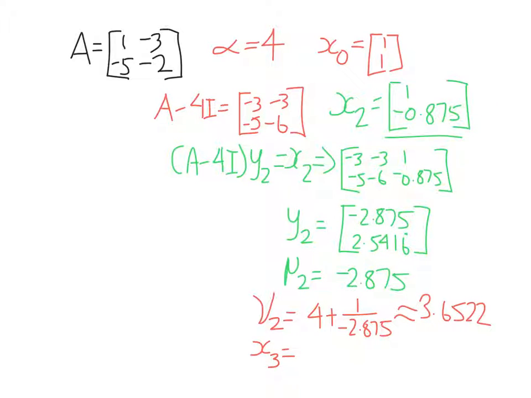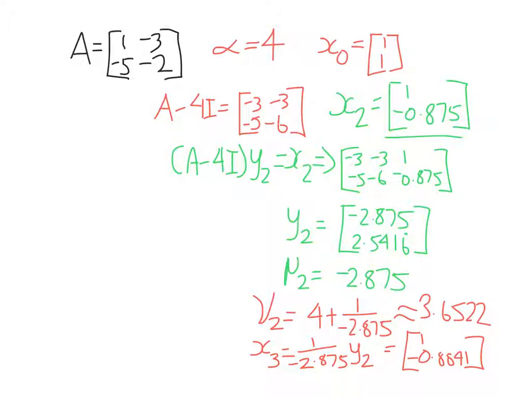And then I can calculate x3 here. I won't do another iteration after this. So remember, that's just 1 over mu 2 times y2. And that gives me the vector 1, minus 0.8841. So I'm going to stop there.